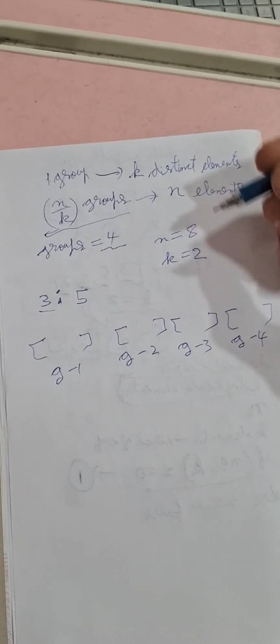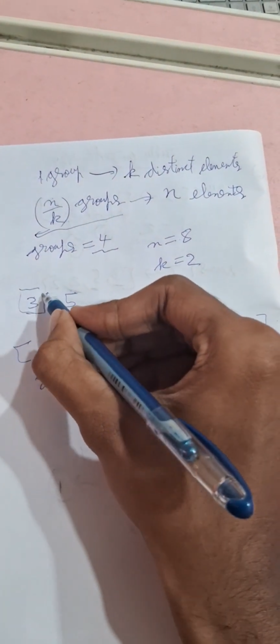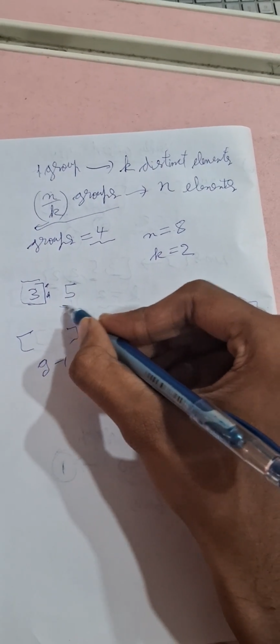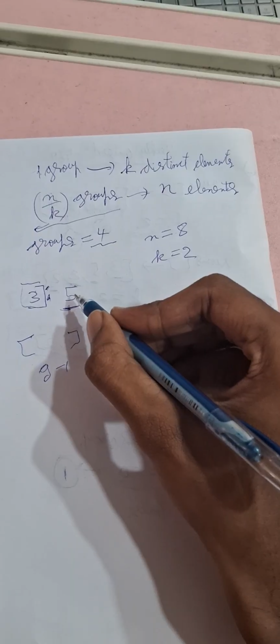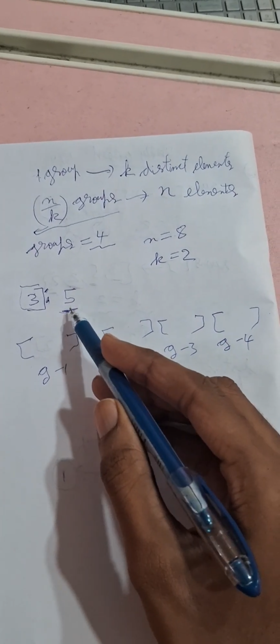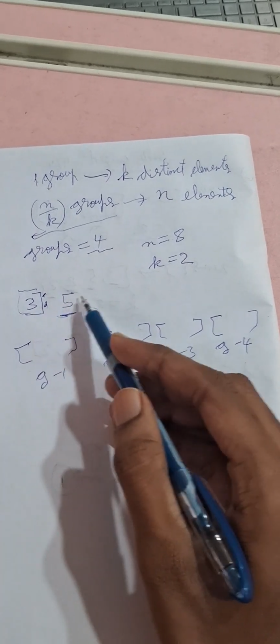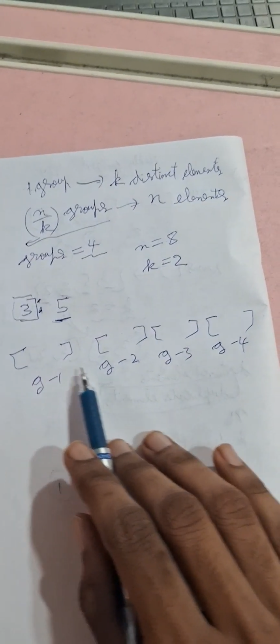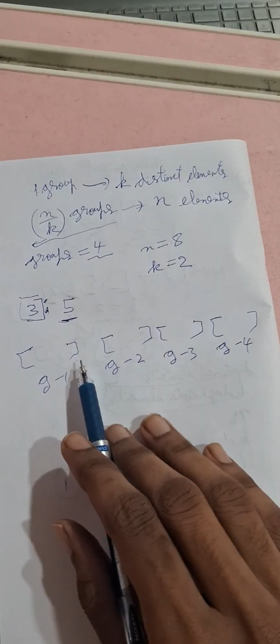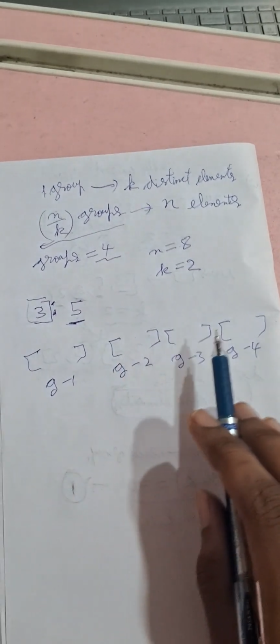Now try to understand, this element 3 has a frequency of 5. That means it occurs 5 times. Now can I ensure that I can put these 5 threes into these 4 groups such that there will not be any duplicate inside any of the groups?